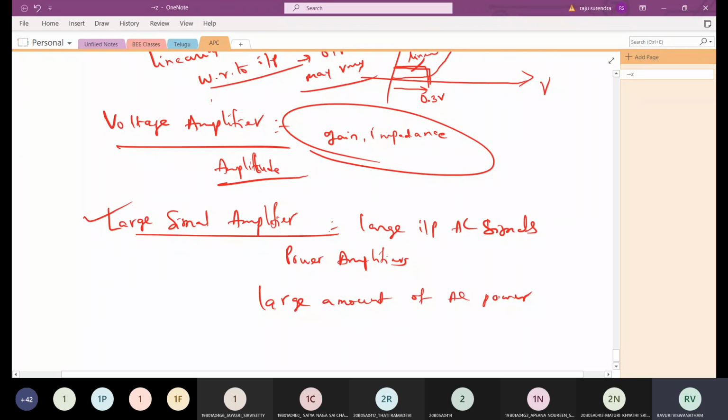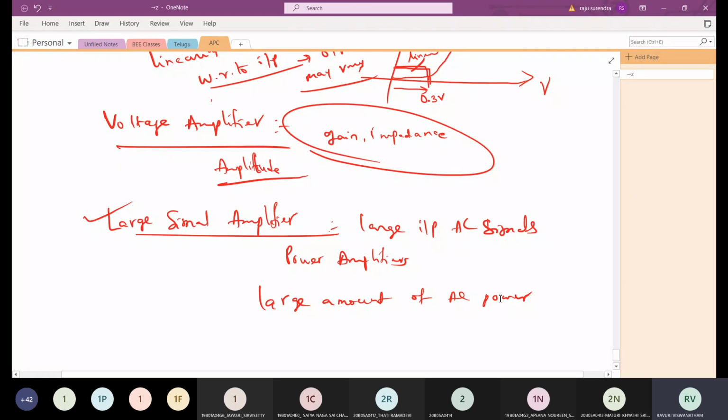Then only is there a possibility to serve the signal to the output device. And whenever we want to serve a particular output device, we have to go with impedance matching. That impedance matching is only possible with large signal amplifiers, that too power amplifiers only.